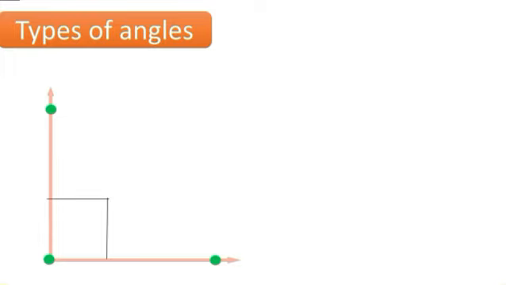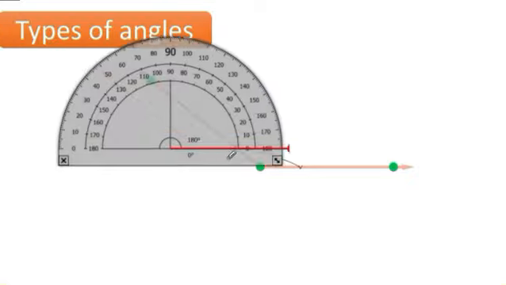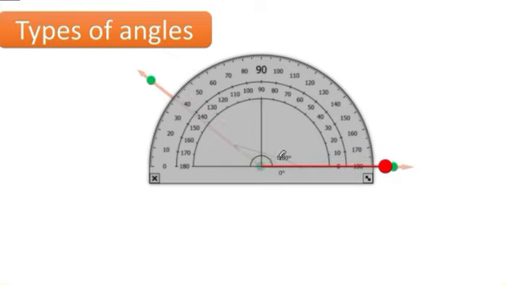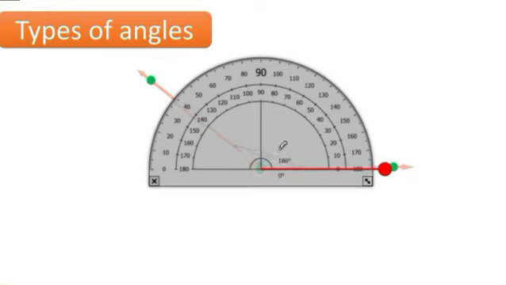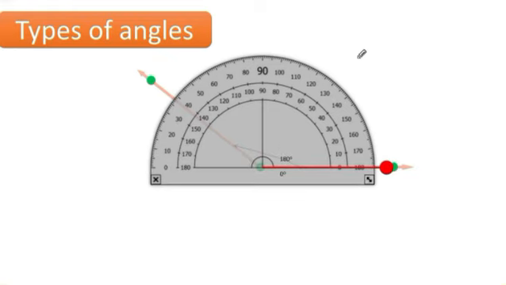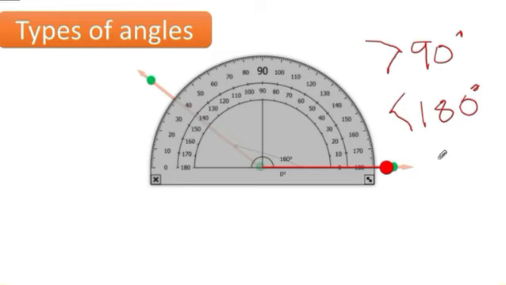Okay, so let's move on to the last type of angles that we are going to discuss in this video. This angle, we are going to measure it. We can say that this angle is more than 90 degrees but less than 180 degrees.